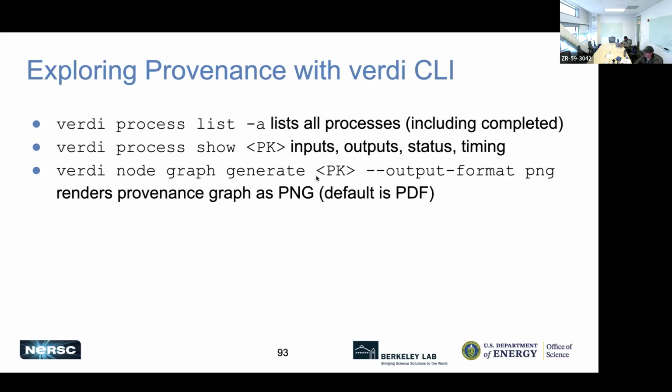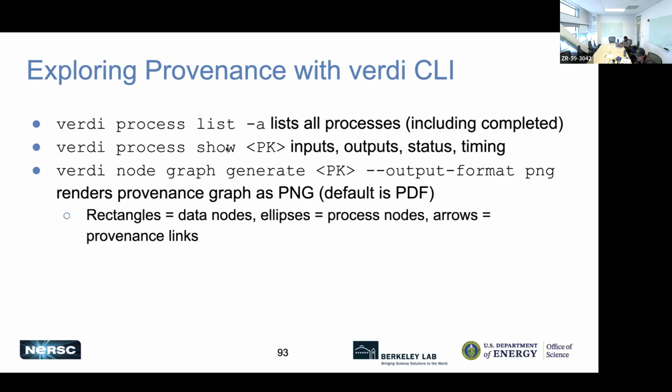And this can be done to the point that this might be an image that you want to include in a publication as a demonstration for something that you ran. And there's a language to the image generated where rectangles represent data nodes, ellipses represent process nodes, and the arrows are the links between provenance, input, output. This was used to generate that.